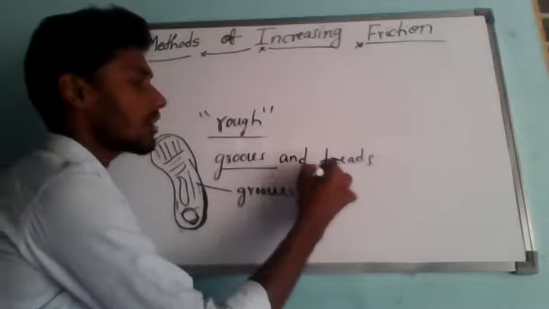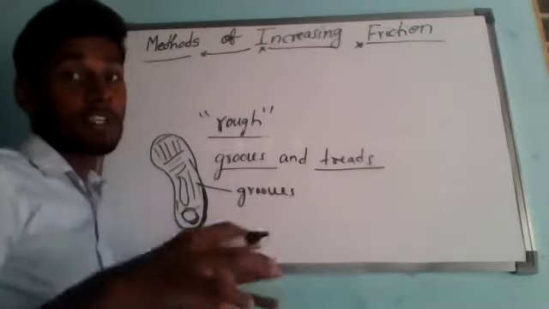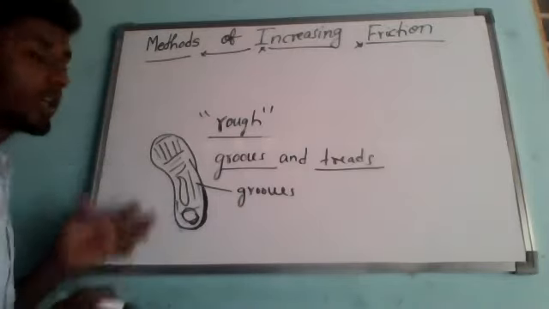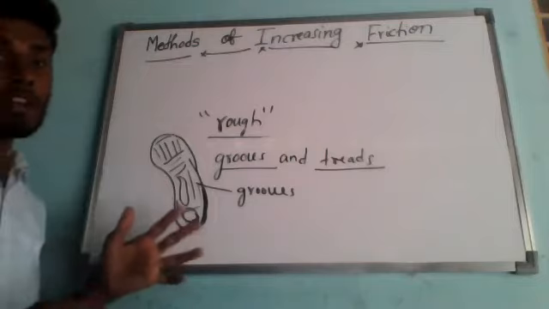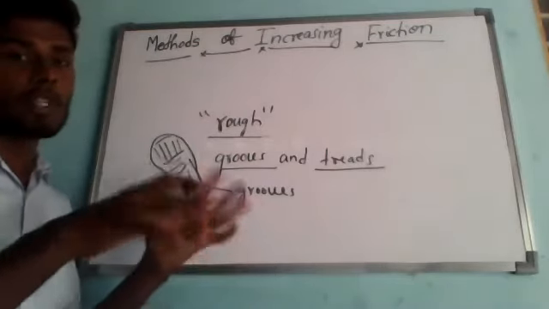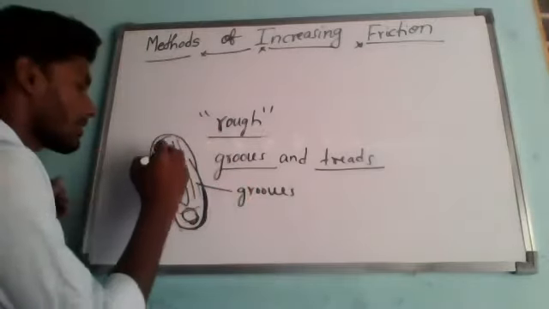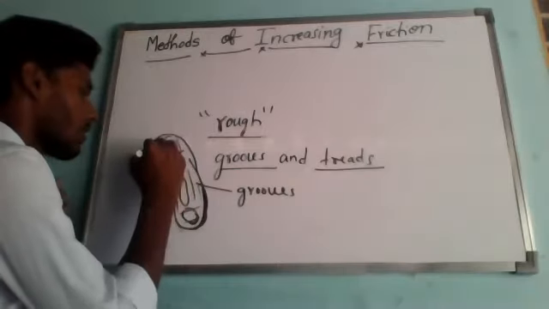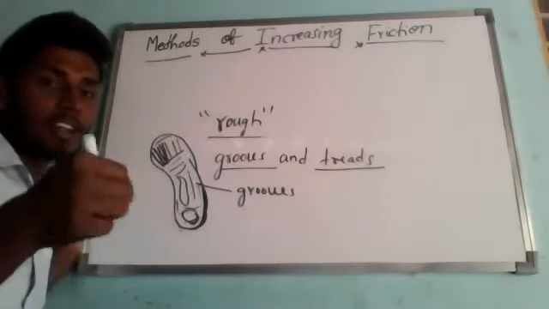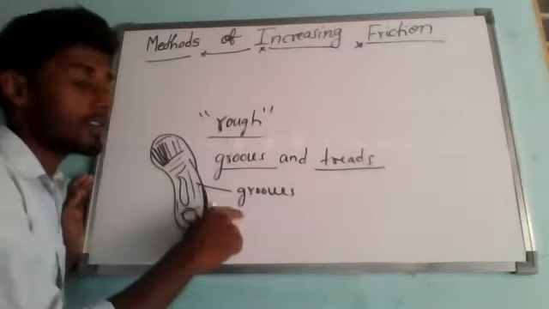Coming to the definition, a long and shallow cut or depression in the surface of a hard material is called a groove. Not only for shoes, but any kind of material, if you make long and shallow cuts in its surface, like small canals, that is called grooves.